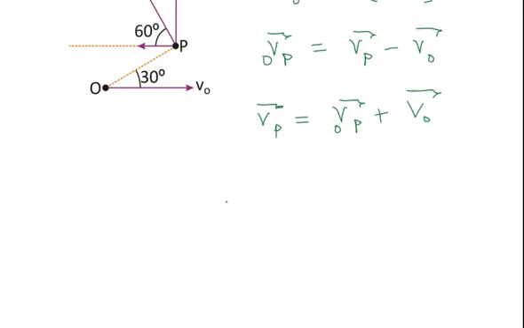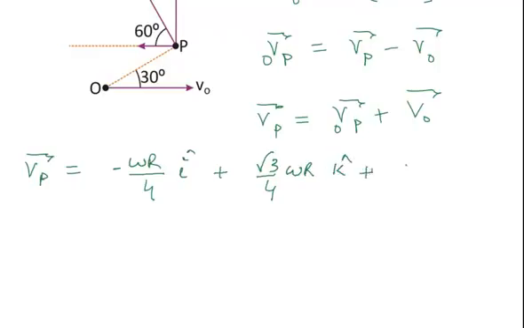So velocity of point P now can be written as minus omega r by 4 i cap plus root 3 by 4 omega r k cap plus 3 omega r i cap. Okay, now the coefficients of i cap can be added up.